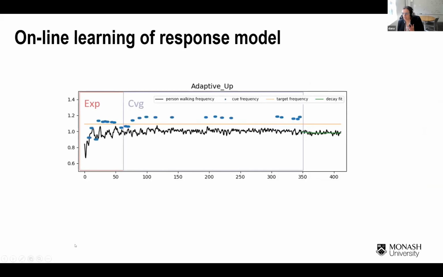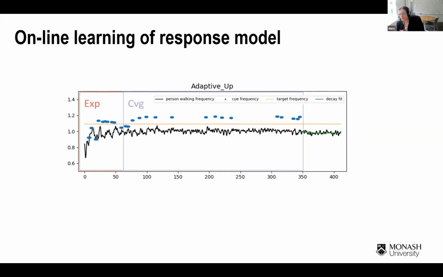So let's see what that looks like. We start from not knowing anything about the user. So we have this initial exploratory phase where we generate some cues, and then we see how the person responds, and we use that data to build up our model. And then once we have enough data to be able to predict the responsiveness accurately, we have the converged phase where we are generating cues that are appropriate for the person.